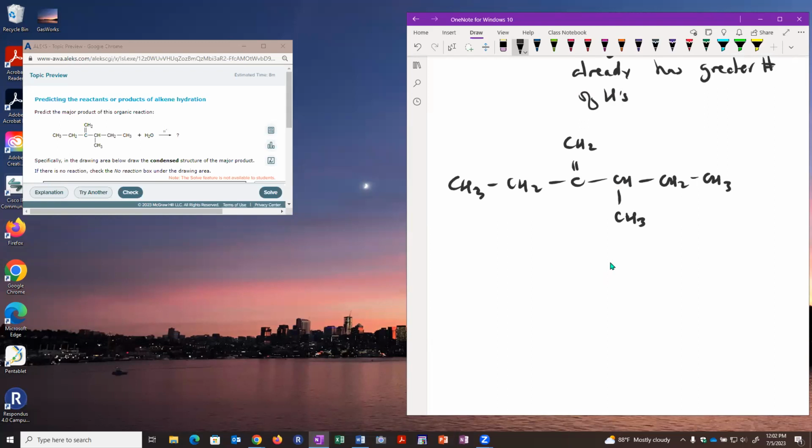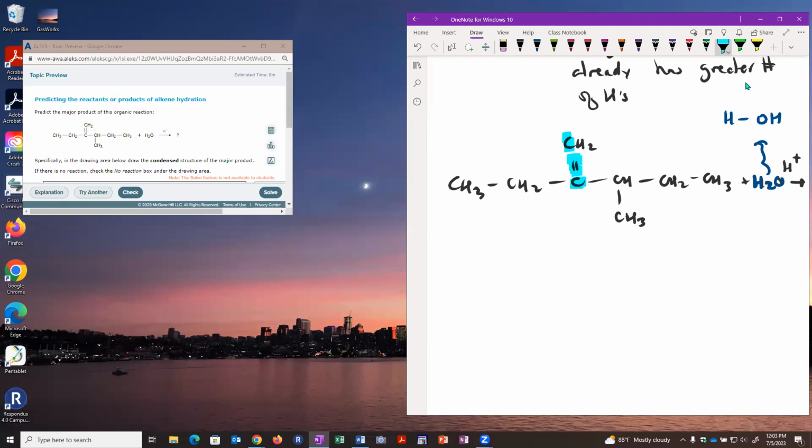All right, so we're going to add H2O and then our H+ catalyst. So we'll put the H2O in blue so we can see what happens. So there's our H and our OH, which is how you want to think of water. So where's everything going to happen? It's going to happen at the double bond specifically, and even more specifically, the carbons of the double bond.